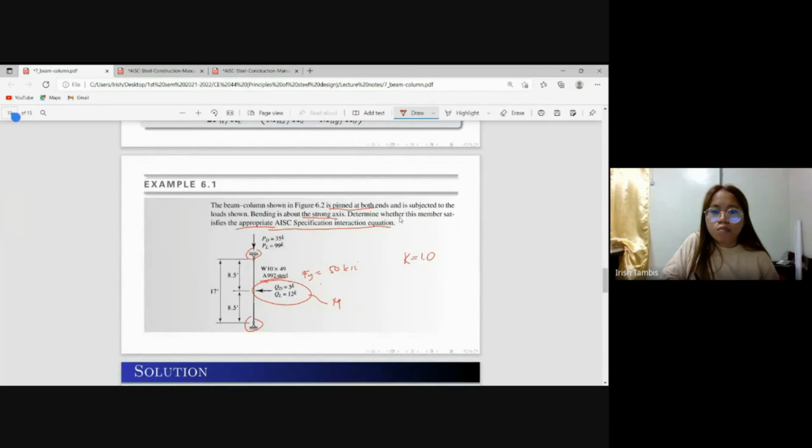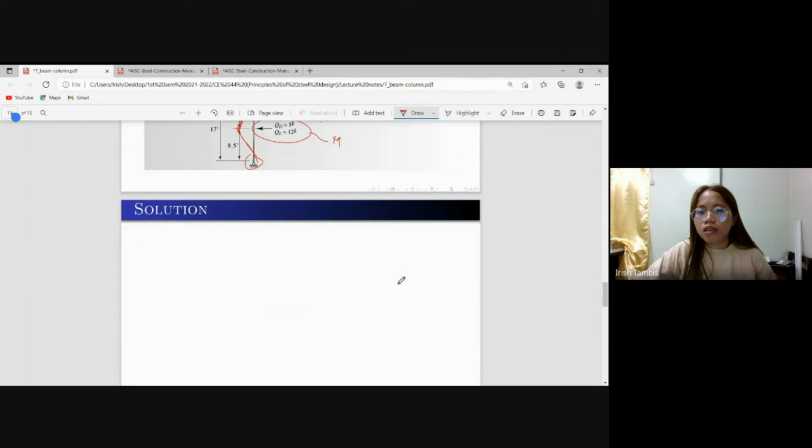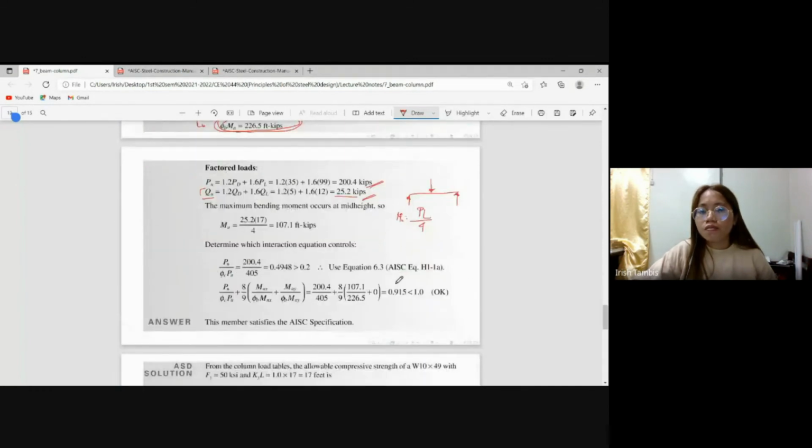Ang effect ani niya sa beam column sa iyahang moment. So maximum moment for the concentrated load at the middle is PL over 4. So 25.2 times the length 17 feet over 4 na 107.1 foot-kilopounds.